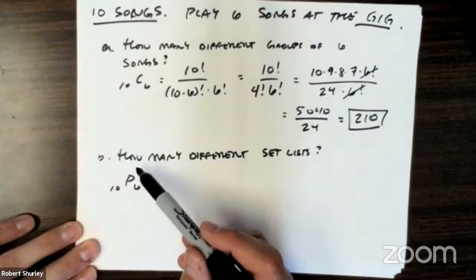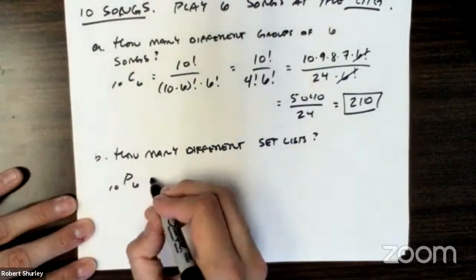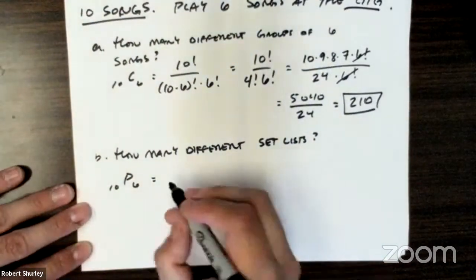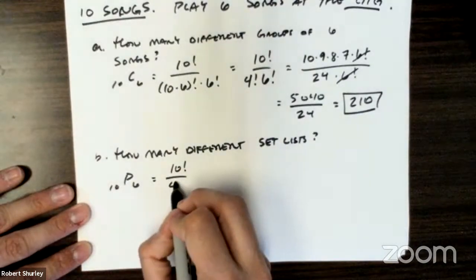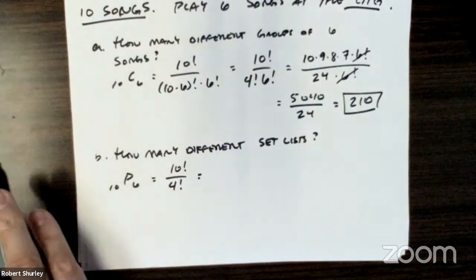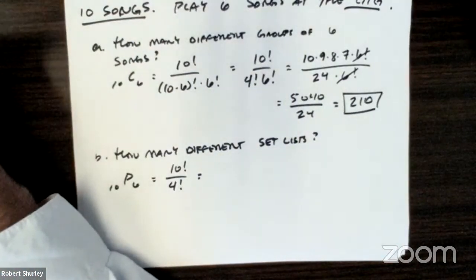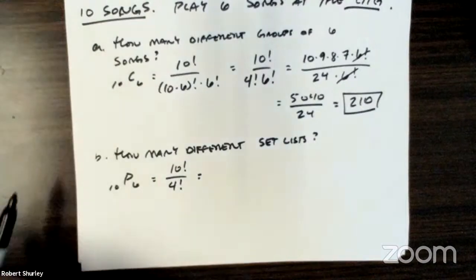The second one, though, is the number of different ways we could order those 6. So this would be just 10 factorial over 10 minus 6, which is 4 factorial. I'm going to just find 10 factorial: 10 times 9 times 8 times 7 times 6 times 5 times 4 times 3 times 2 times 1.